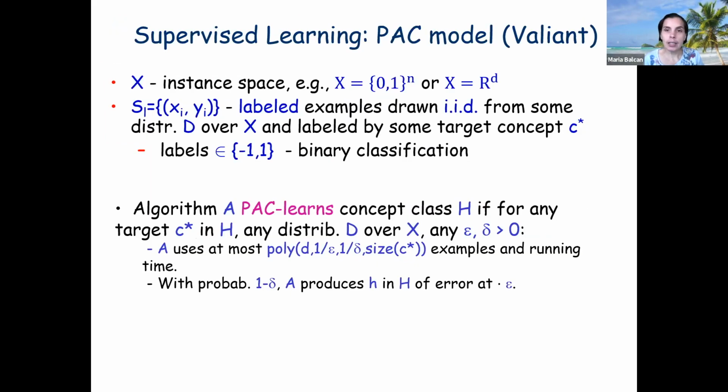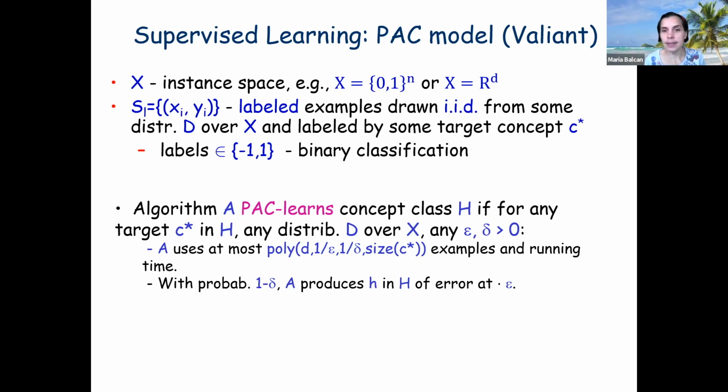So really, the major difference between the statistical learning theory framework of Vapnik and the PAC model of Valiant is that in the PAC model, we also impose that our algorithm runs in polynomial time, because Les Valiant himself was a computer scientist, so he was also interested in polynomial time. But in both models, we really want to output classifiers that with high probability are approximately correct.